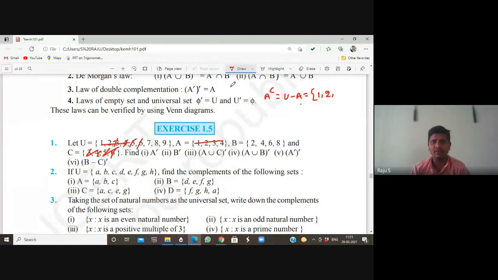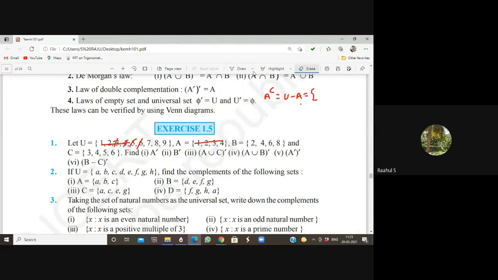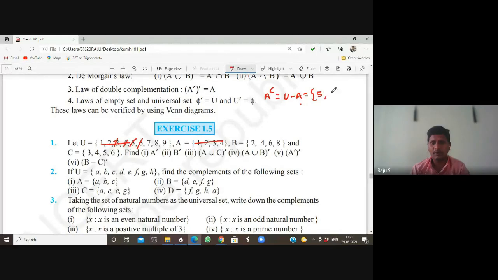Correct. Then what is the answer? 5, 6, 7, 8, 9. Right.